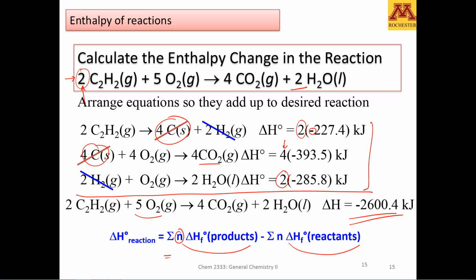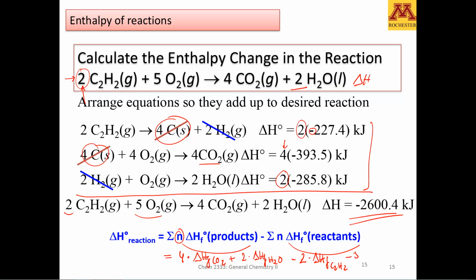So in this case, the enthalpy change for this reaction, if we apply this equation that you see here, would be 4 times the enthalpy of formation of CO2, plus 2 times the enthalpy of formation of water, and now negative 2 times the enthalpy of formation of C2H2, because we have a 2 here.